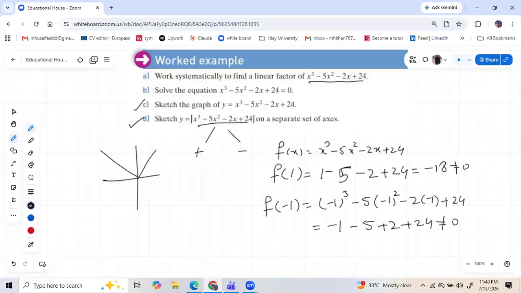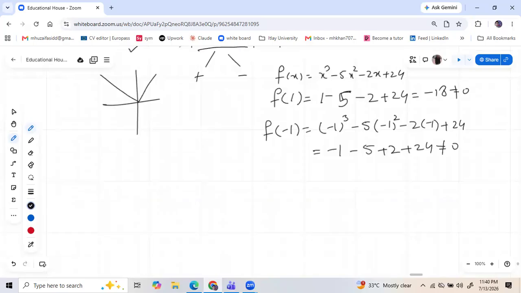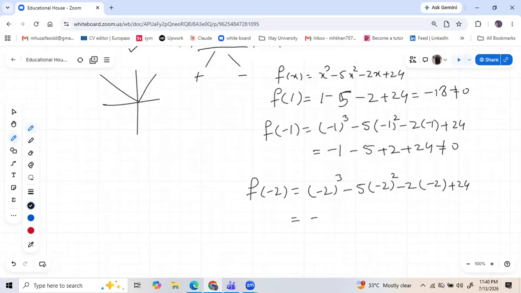Okay. And if we set x equal to -2, this is (-2) to the power 3, this is 5 times (-2) squared, and 2 times -2, plus 24. Check it here, this is -8, this is -5 times 4, that is -20, this is plus 4, plus 24.